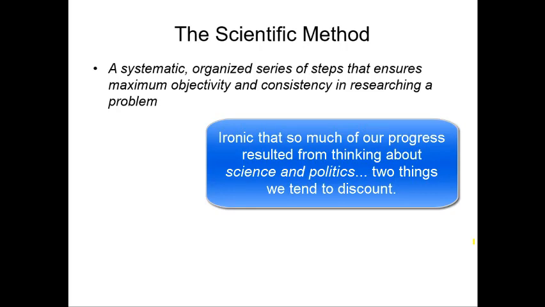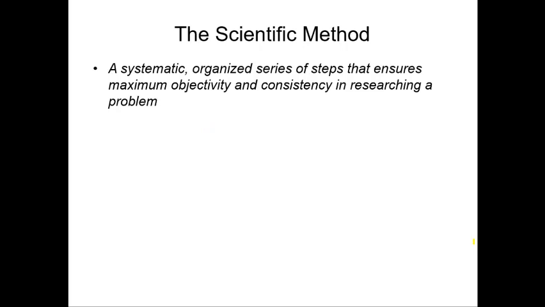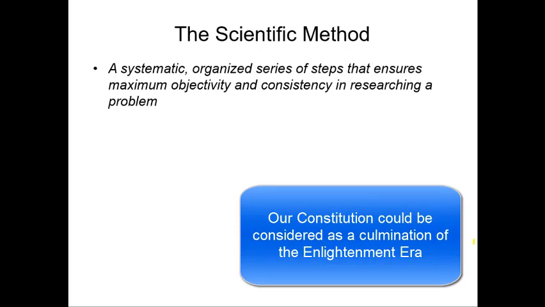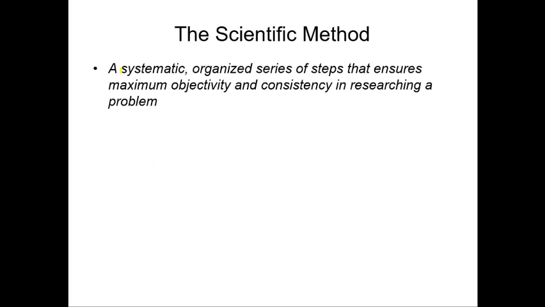Some landmark works: we talk about Adam Smith and Montesquieu, who came up with the three branches of government, checks and balances, that led right on up into our Constitution, which was a product of this Enlightenment thinking that utilized a scientific method.